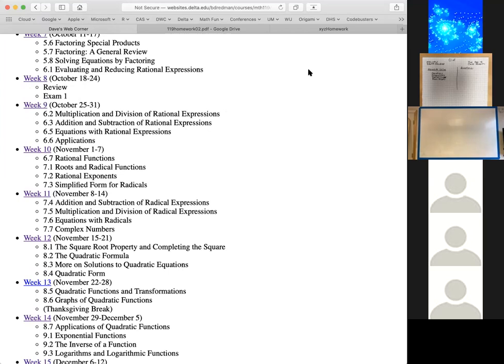Professor, I have a question. Go ahead. Regarding the homework, what exactly do you mean by explanation? Do you mean just us showing our work or us writing out in words how we're doing it? Good. The first step was showing your work, and that's very, very important and critical.